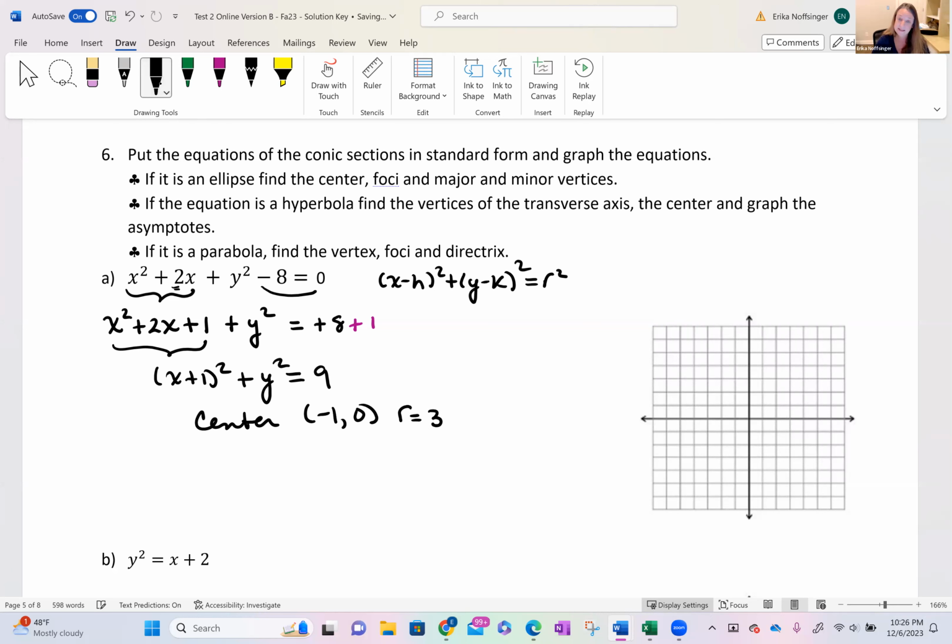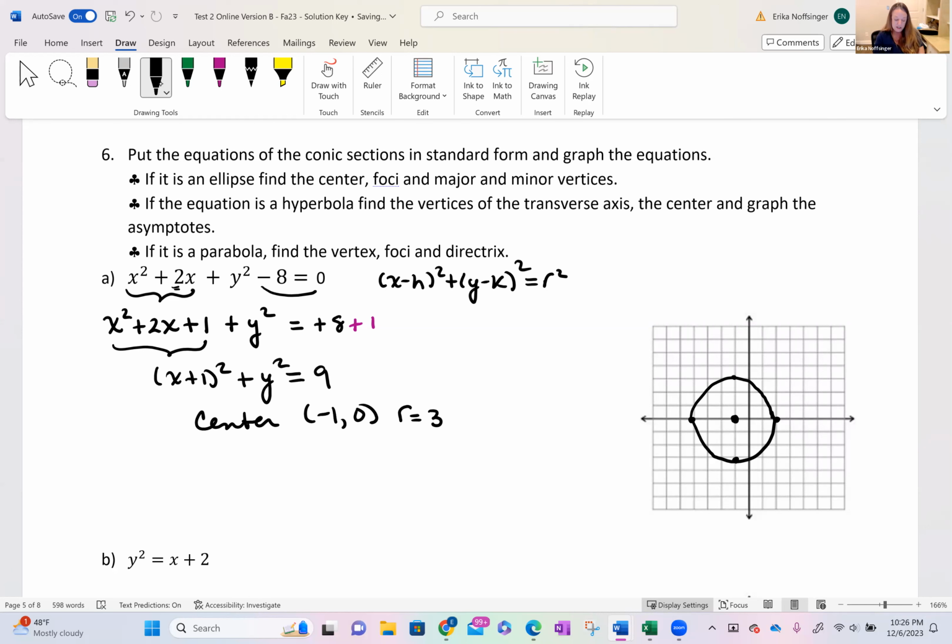So looking at x equals -1, y is 0. I have my center here at -1, 0. My radius is 3, so I'm going to go up 3, down 3, left and right 3 from my center. And I get my circle.